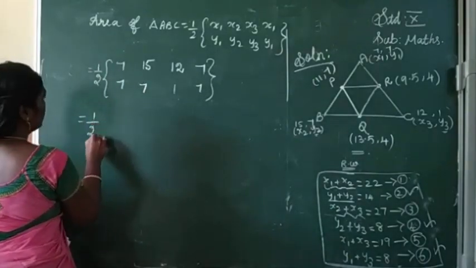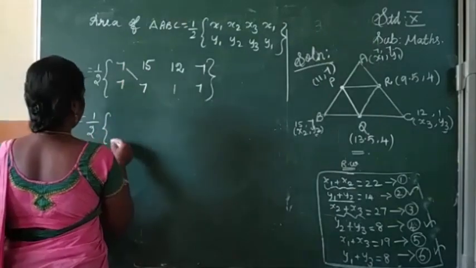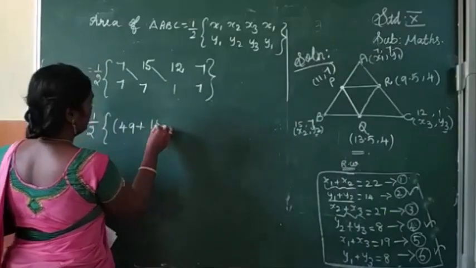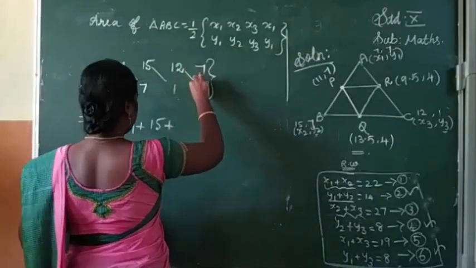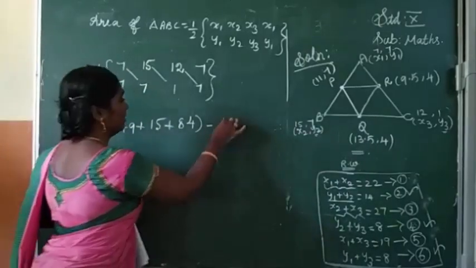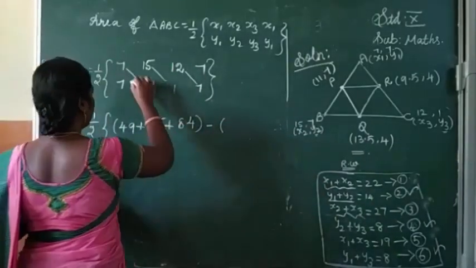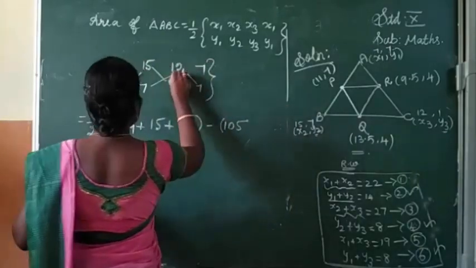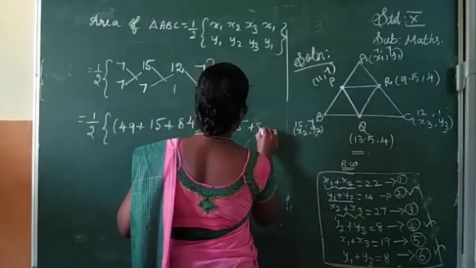Then half into cross multiply: 7 7s are 49, plus 15 1s is 15. Plus, if you multiply these two numbers you will get the answer 84. Then the formula is minus, then the opposite side cross multiply. If you cross multiply these two numbers you will get 105. If you cross multiply these two numbers you will get 84.